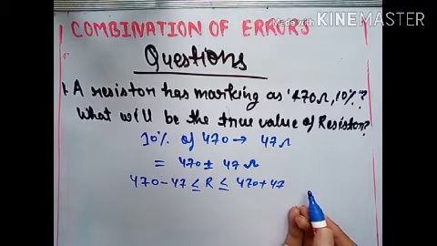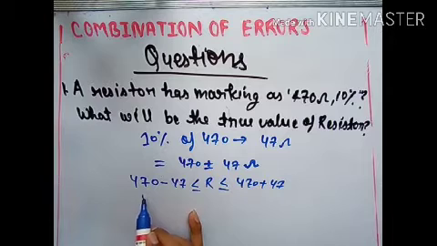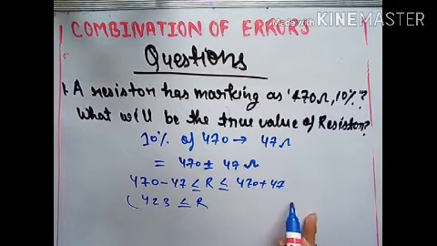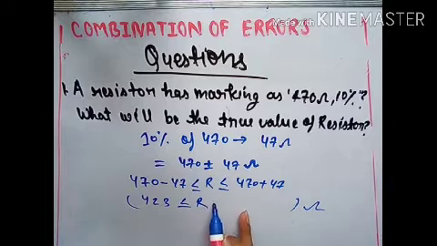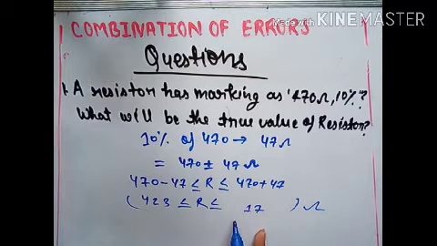Now subtract it. So you will get 423. These values are in ohm. Again add it, becomes 717. So the value will fluctuate in between this.